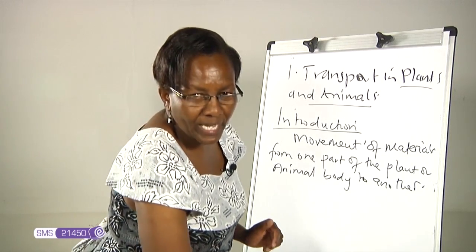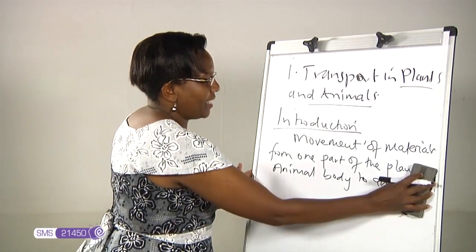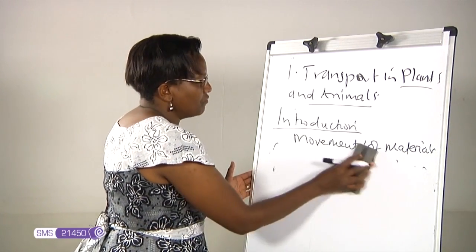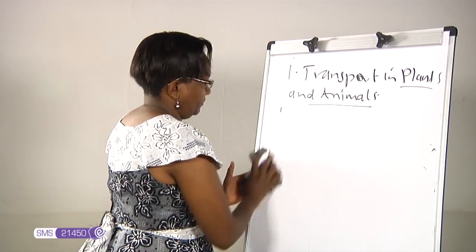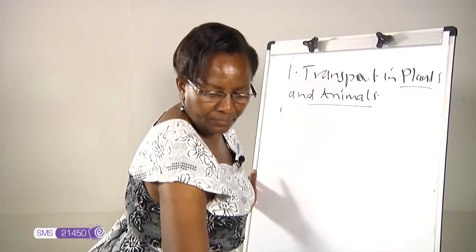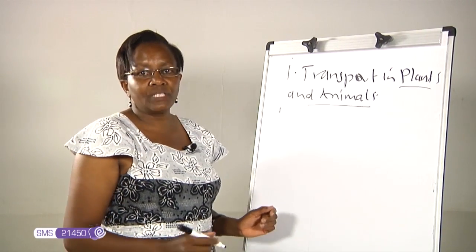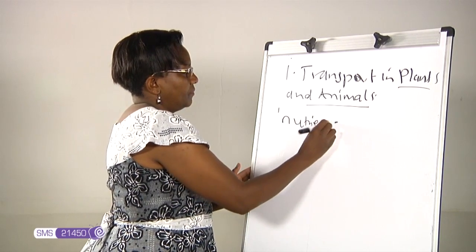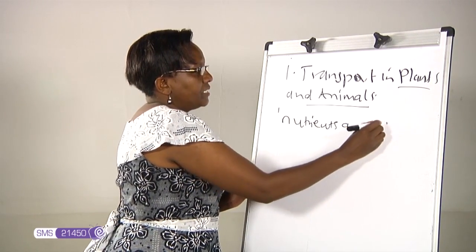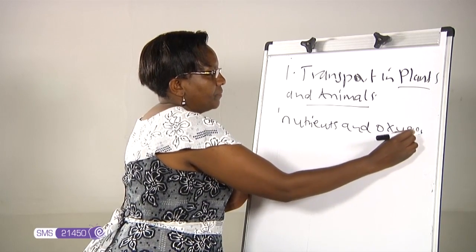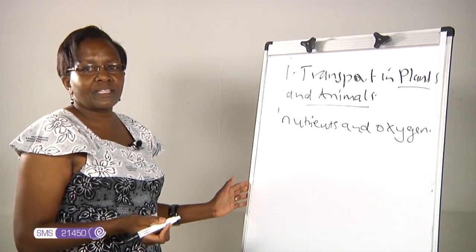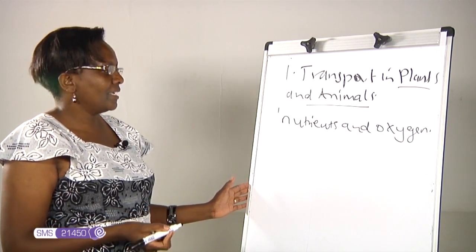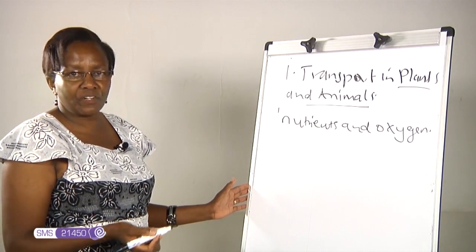And therefore, we should ask ourselves, what are these materials that are moved? So the materials that are moved include nutrients and oxygen. These are materials that living things require for growth and development.